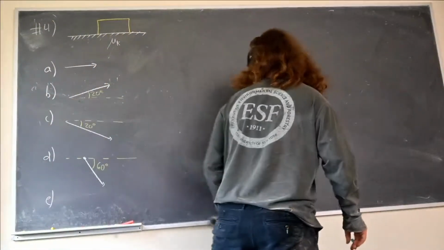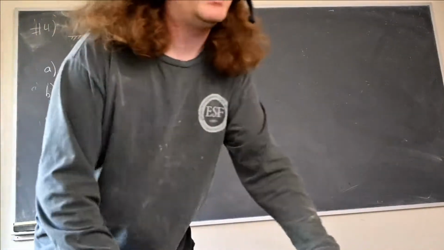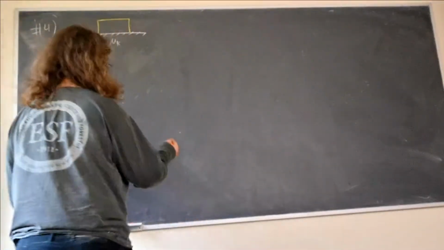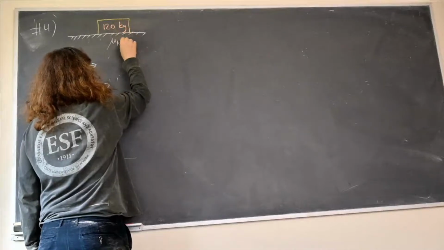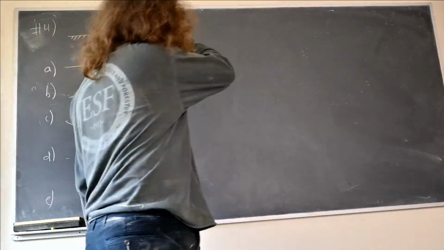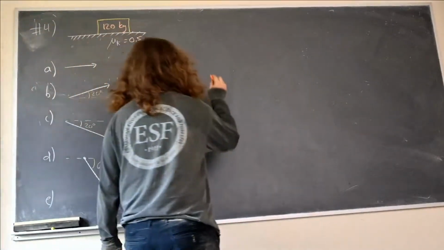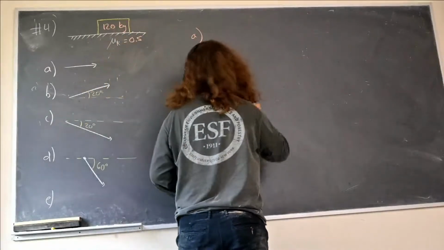So we're just going to go through these one by one. Now, I do give you some numbers here. This is 120 kilograms. The coefficient of kinetic friction is 1/2. These numbers do become important on part D. So, A. All right, force diagrams. What do we have?